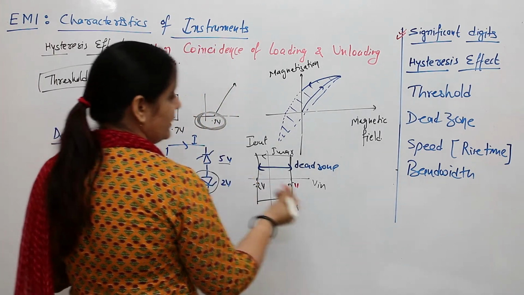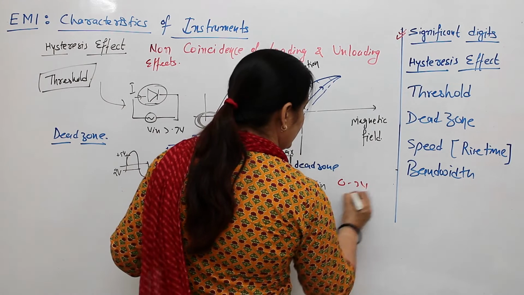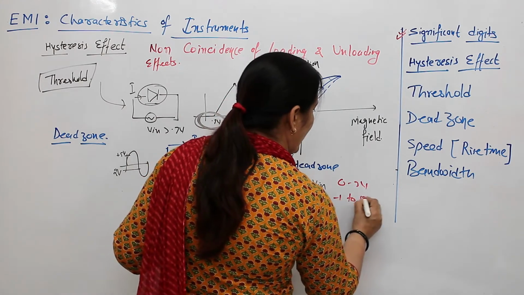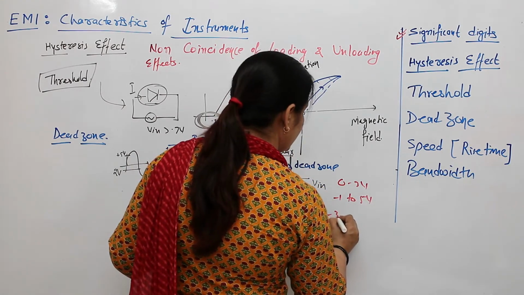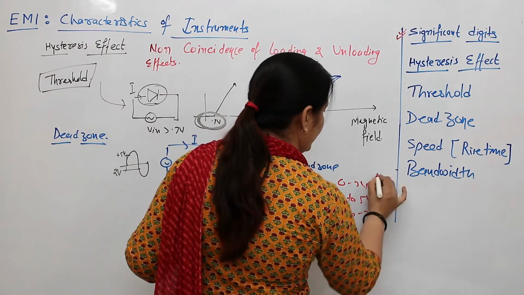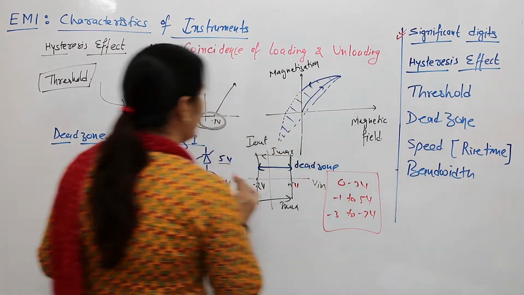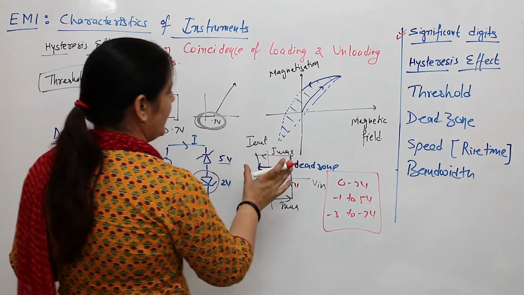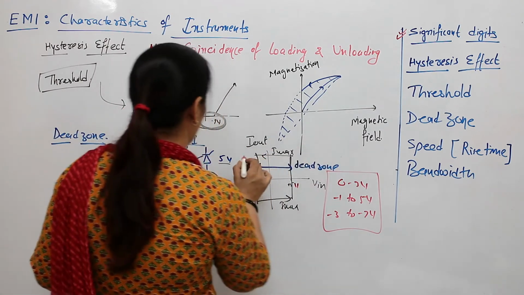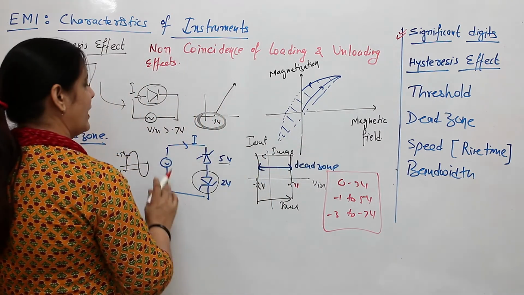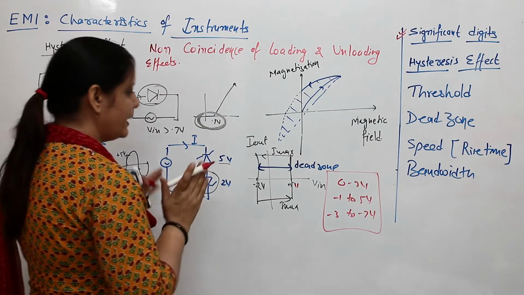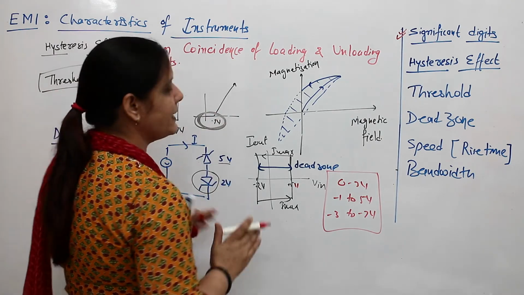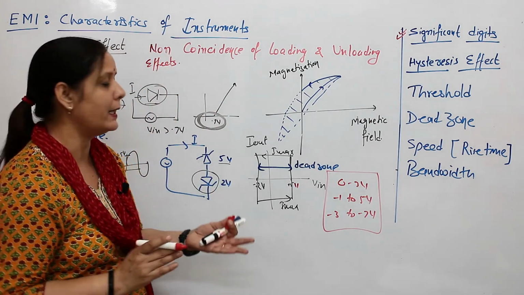In another case this can be 0 to 3 volt, this can be minus 1 to 5 volt, this can be minus 3 to minus 7 volt. Simply, a range of input where no excitation is recorded in the circuit is defined as the dead zone, and it depends on the circuit components and the basic design of the measuring unit.